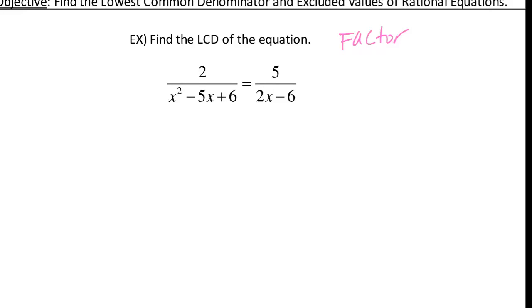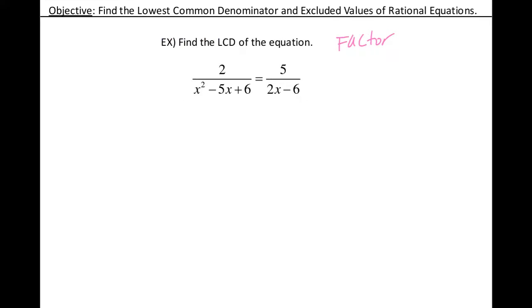So I'm going to look at the first trinomial. This right here, x squared minus 5x plus 6. I'm going to figure out what it factors out to. That's a trinomial. So remember, trinomials, we do blank plus blank and blank times blank. So they have to add up to -5 and multiply to 6.